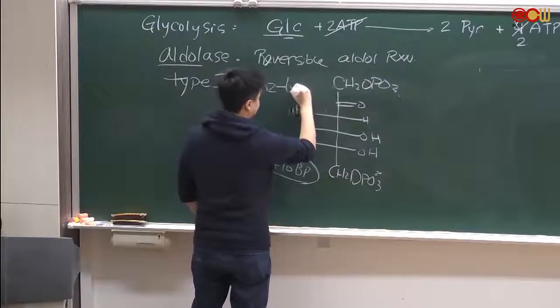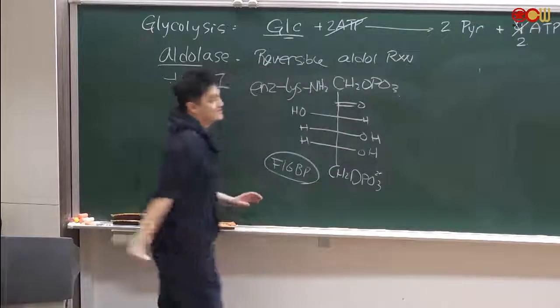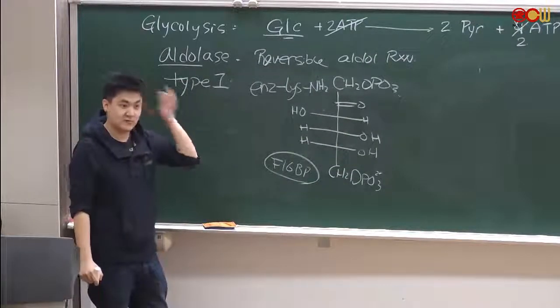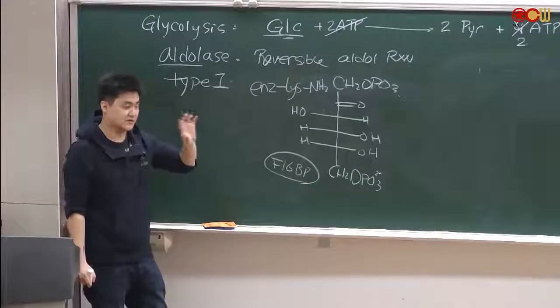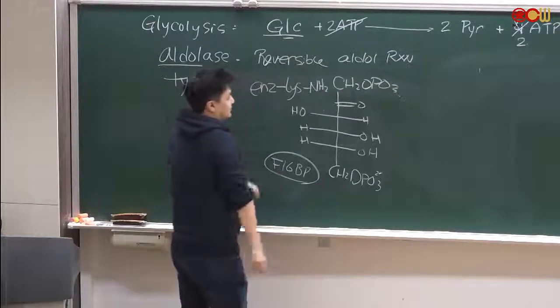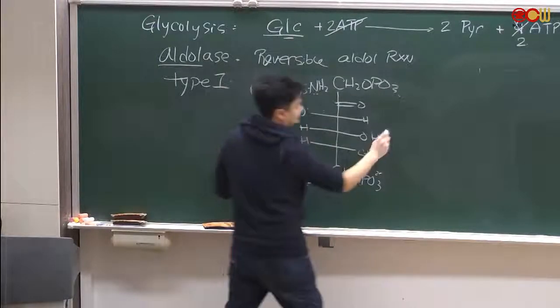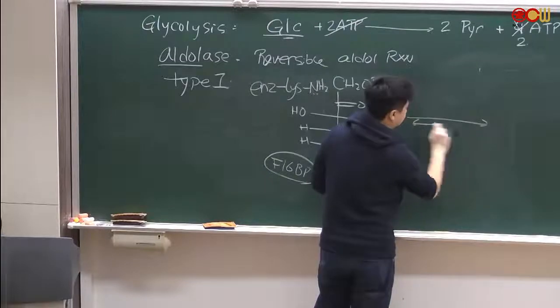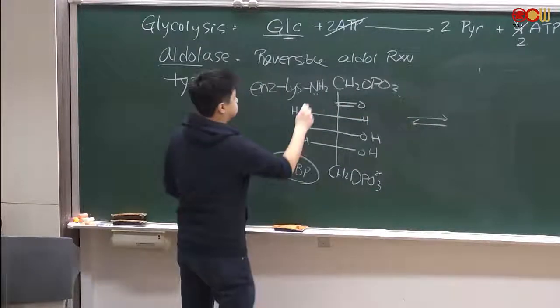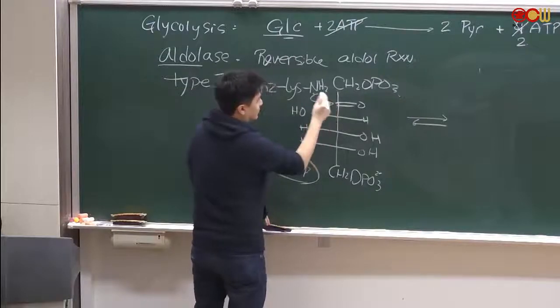that has a lysine. Lysine has NH2 as the R group, right? Lysine has NH2 as a terminal amino group on its side chain. And what this guy is going to do is the lone pair electrons on the nitrogen attack the carbonyl center.